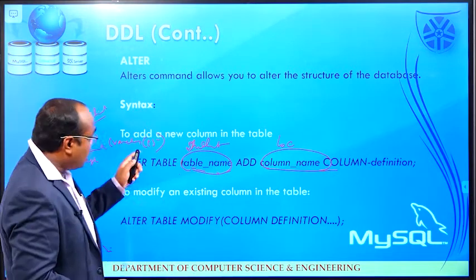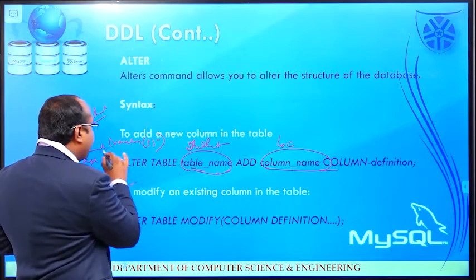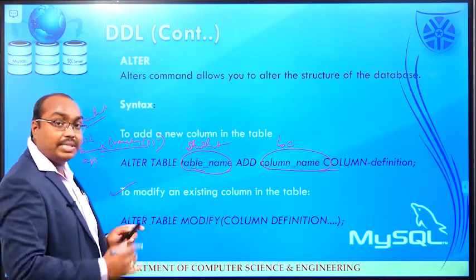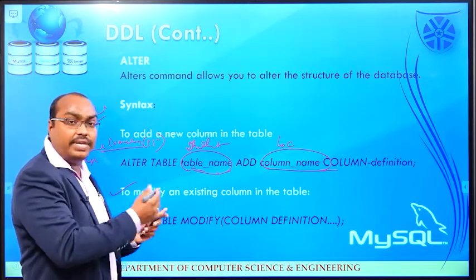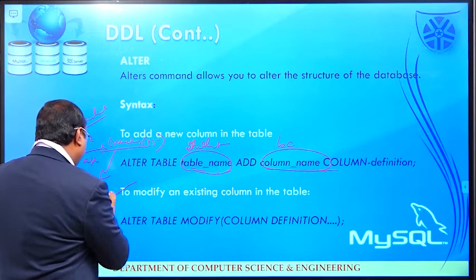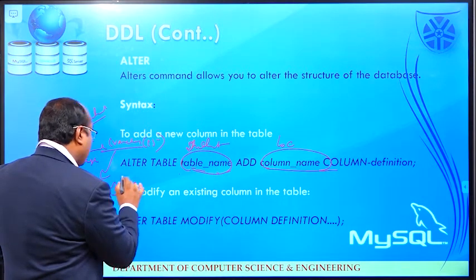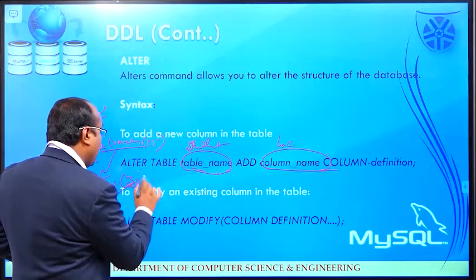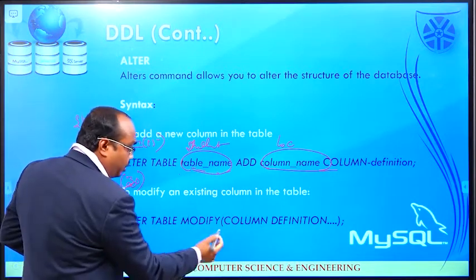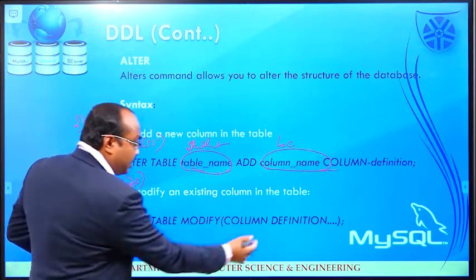This is the varchar data type. Now I want to modify the size of this data type. The new size, for example, I am taking is 30. Size is 30.